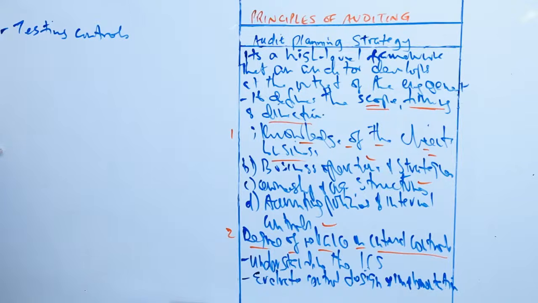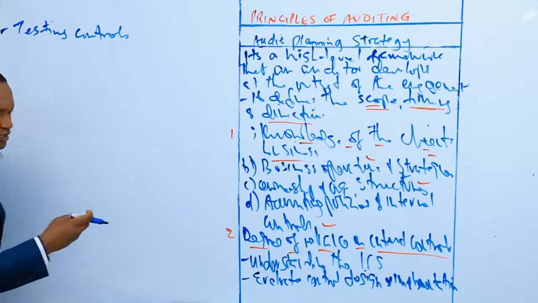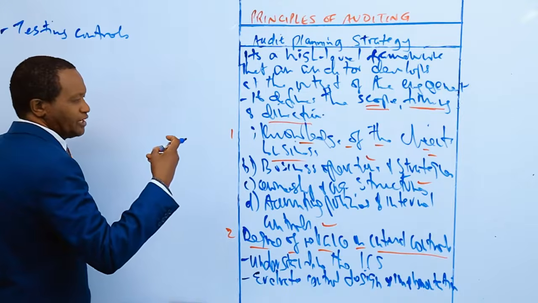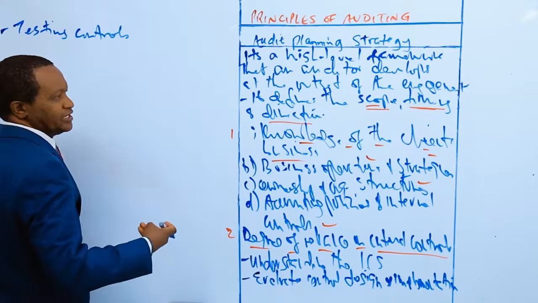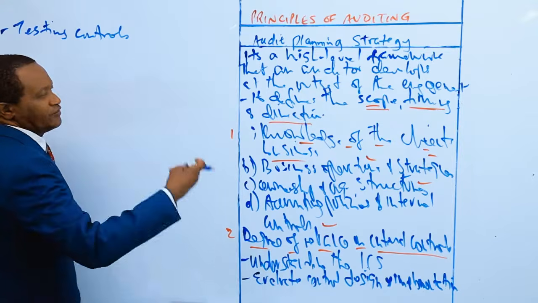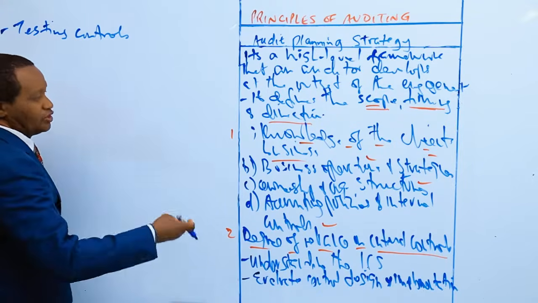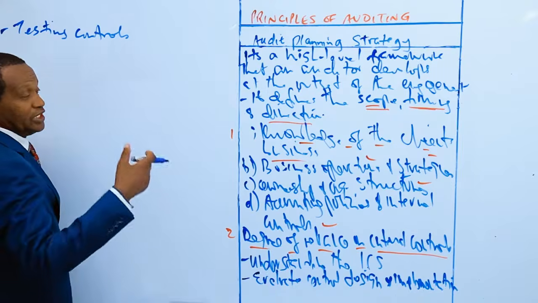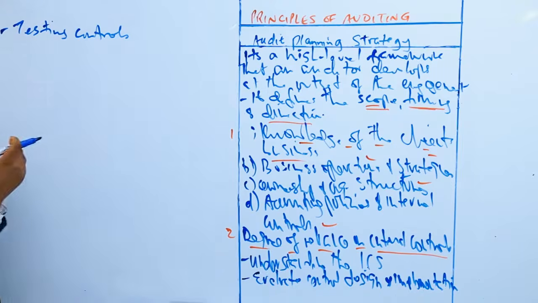On the other hand, if controls are weak or non-existent, the auditor will need to increase the nature, timing, and extent of his own substantive procedures, because in such a case there is a risk of material misstatement. If the controls are non-existent, then there is a high risk of material misstatements in the financial statements, and therefore the auditor is required to carry out his own extensive substantive tests.